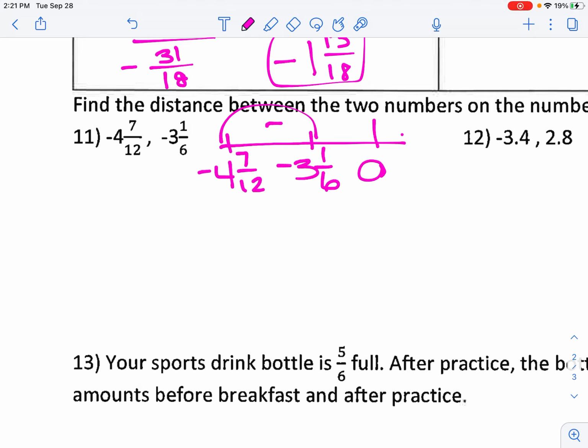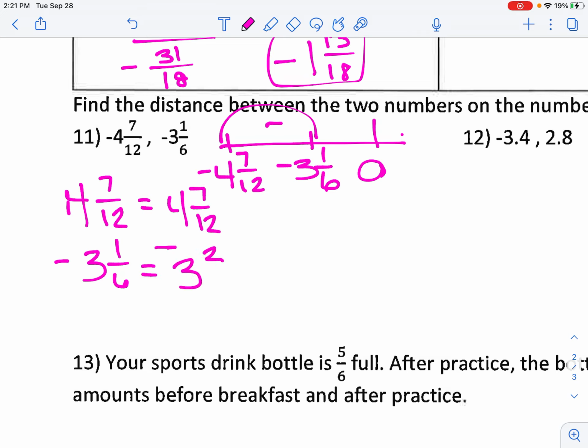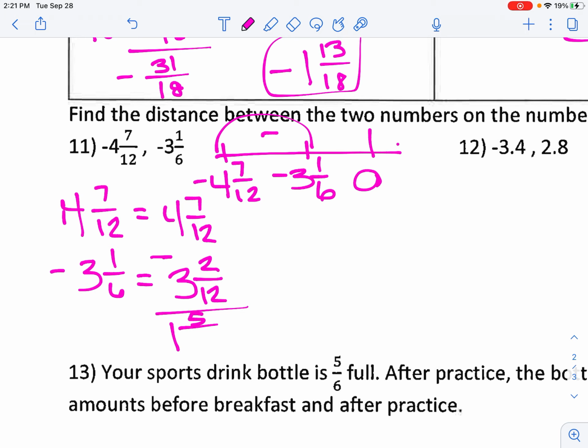So right now I'm ignoring the signs because distance is always positive. So I'm just going to subtract 4 and 7/12 minus 3 and 1/6. So that's 4 and 7/12 minus 3 and 2/12. Distance is always positive, so that answer is 1 and 5/12.